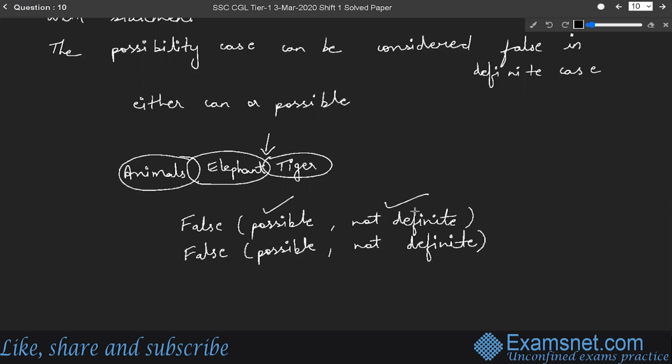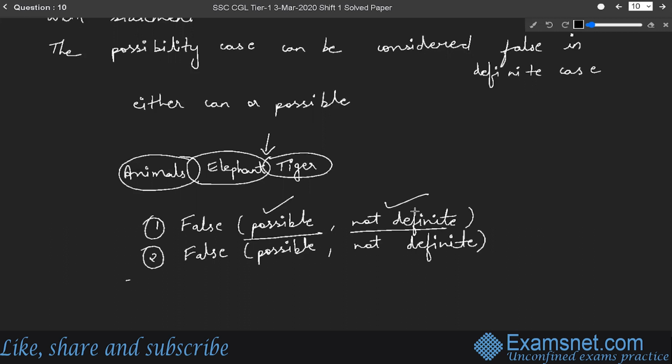Okay. So here either conclusion 1 or conclusion 2 will follow. Okay. And here we can see that both these conclusions should be positive and should be negative because they form a complementary pair. You can see that one aspect is positive, which is possibility, and one aspect is negative, which is not definite.